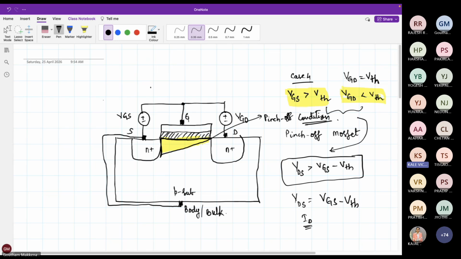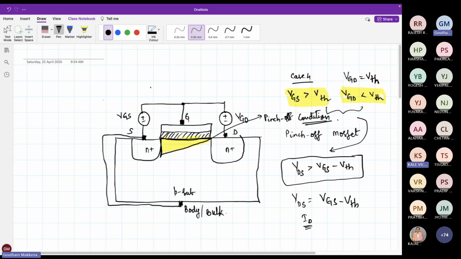One small feedback from my side, sir. When we take a real MOSFET, we never apply gate to drain voltage. We generally apply drain to source and gate to source. True, true. With this method, it looks more complicated to learn the equations.